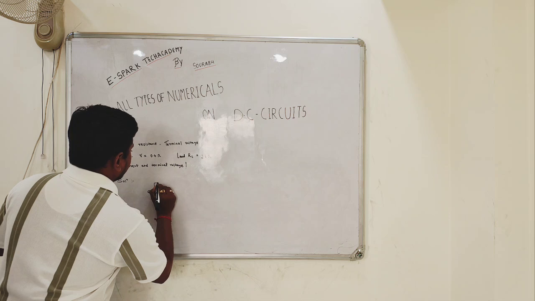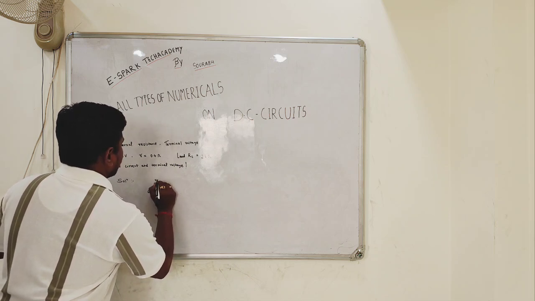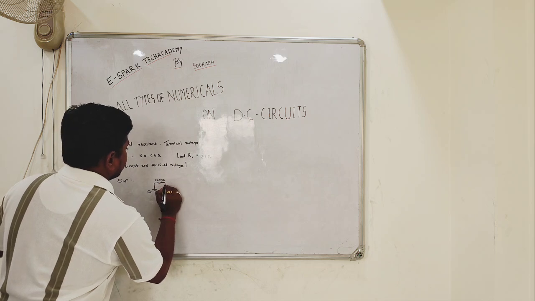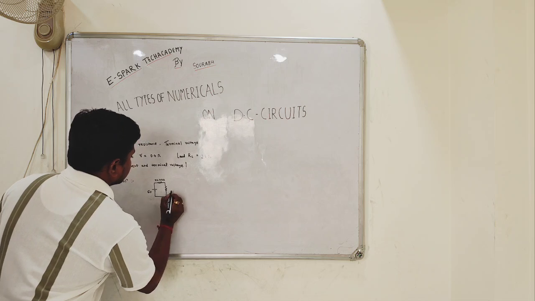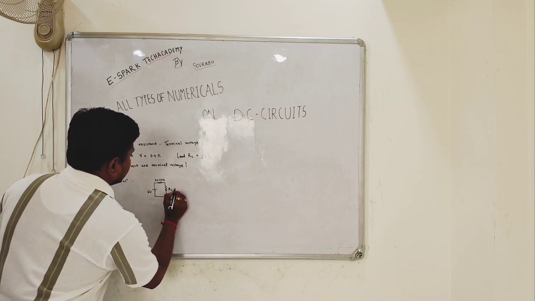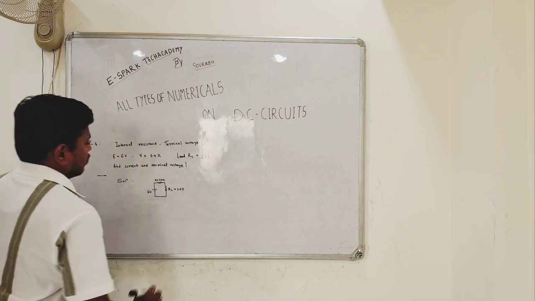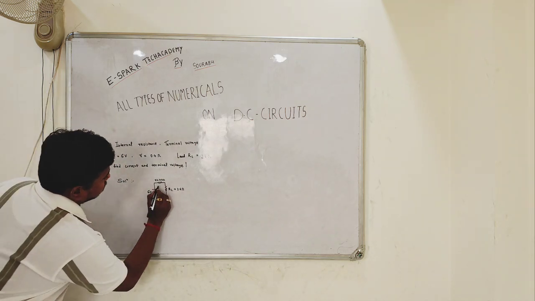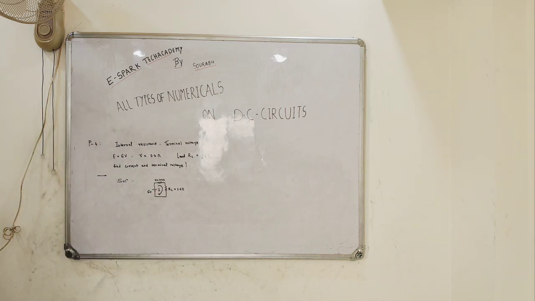Then the internal resistance, which will be in series with that, small r, will be 0.4 ohm. Then you will draw the load resistance RL is equal to 2.6 ohm. You should be able to draw this diagram, and the current flowing through this will be I.